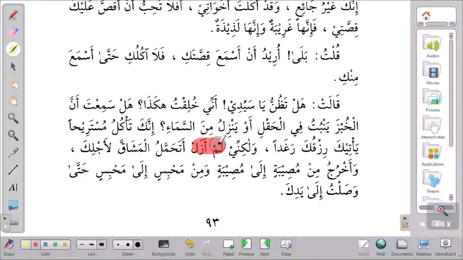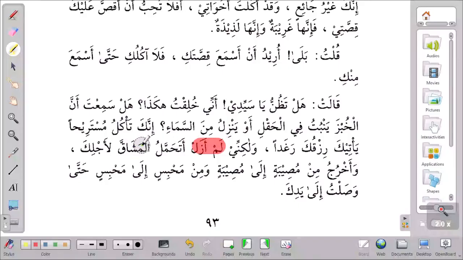Tahammala, to bear something. So lam azal atahammalu al-mashaqqa, I kept bearing. Mashaqqa is the singular of the plural mashaqqatun, and when we say mashaqqatun, it means hardship.